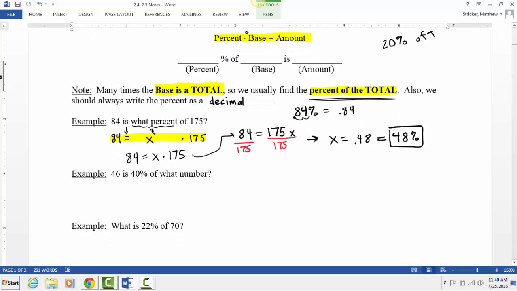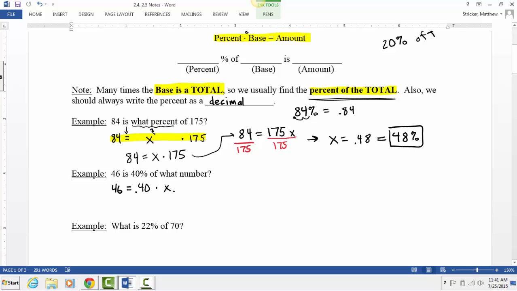Another one. We're just going to translate it. 46 is what? It equals 40%, but as a decimal that would be 0.40 of, multiply, what number? That's what we don't know. That's our x.